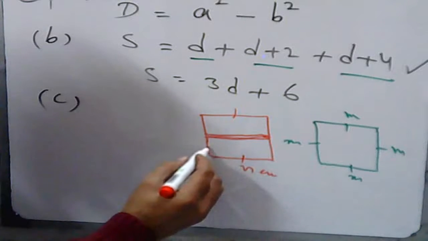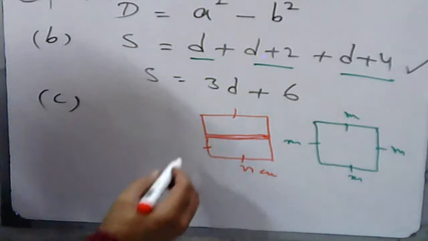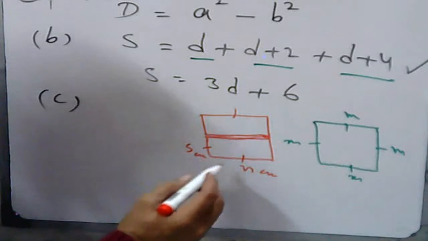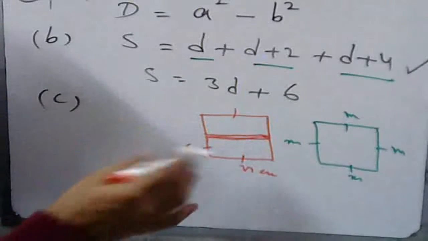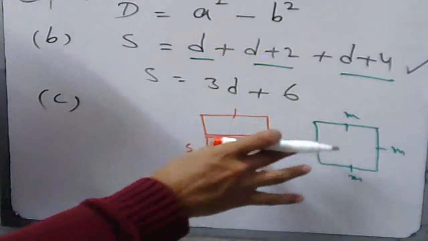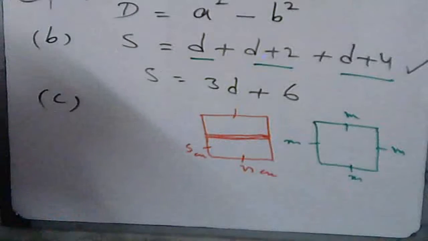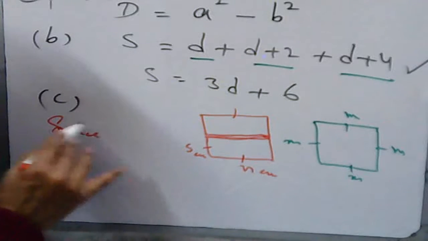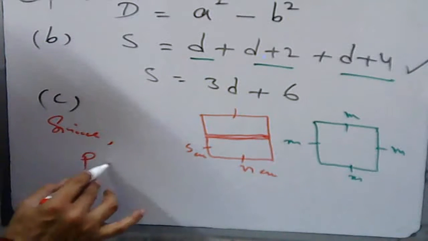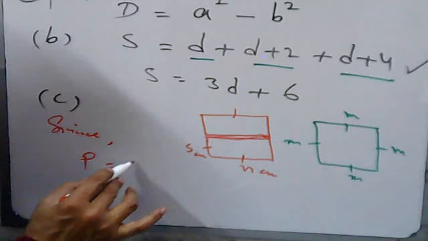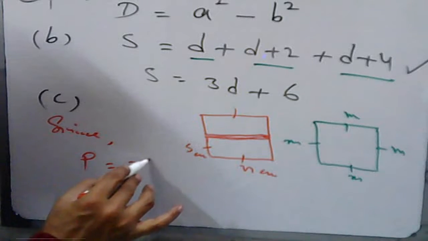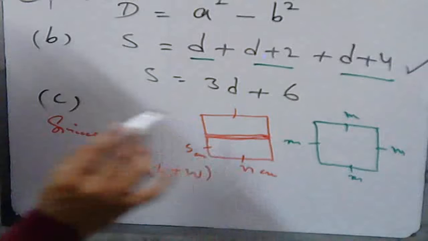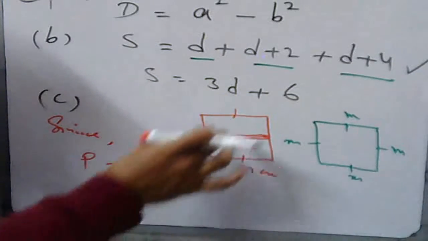So how can we find the formula of the perimeter? We are well familiar with the fact that for a single rectangle, the perimeter is equal to 2 into length plus width. But we have two rectangles, so what is the formula for it?